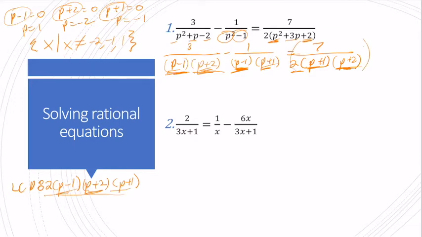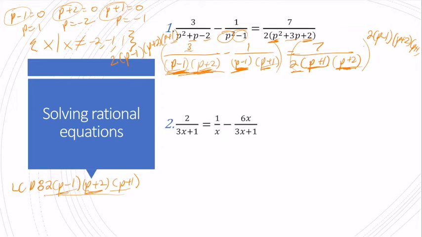And I am going to skip the simplifying step in this case because it gets really long-winded. But if you want to write it out fully, I completely understand. I'm just not a big fan of skipping steps most of the time. So if I multiply this first term here, my p minus 1 and my p plus 1 are going to cancel.